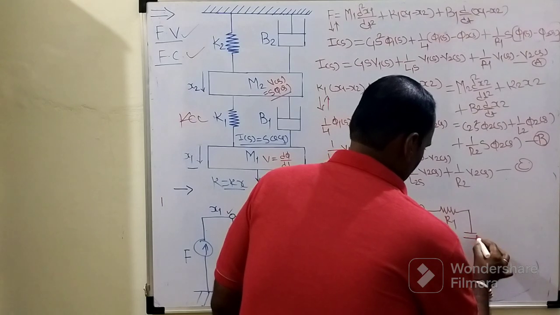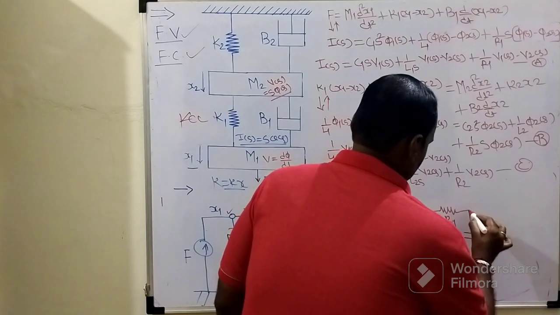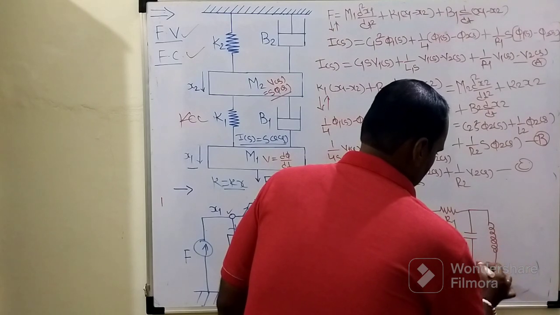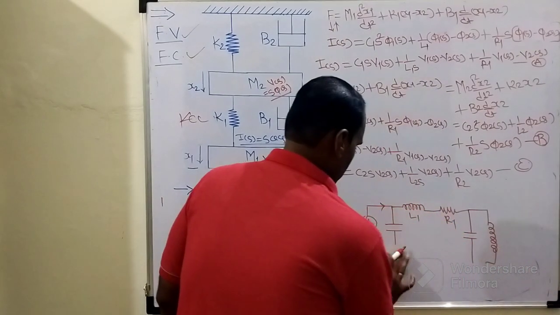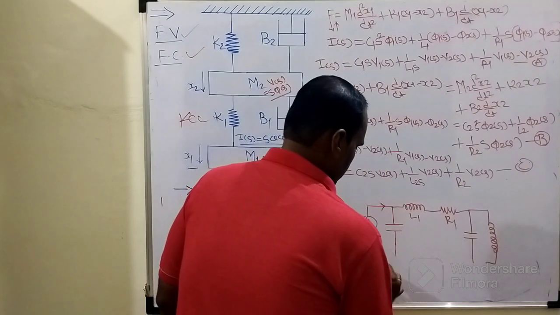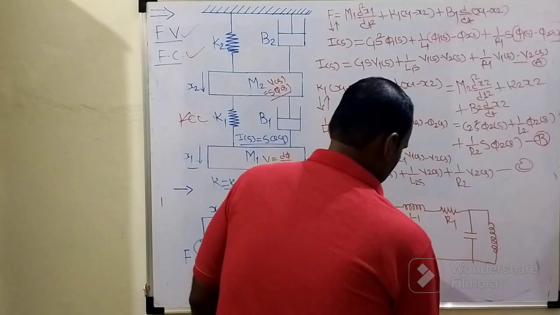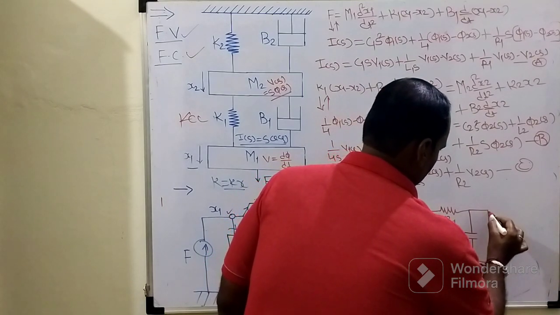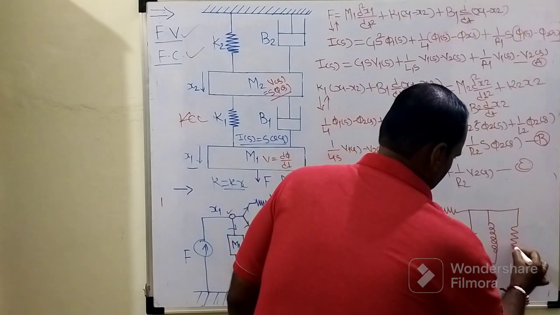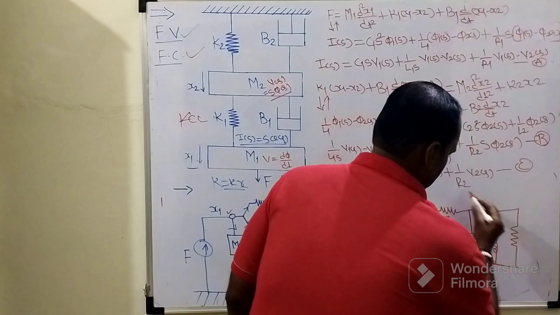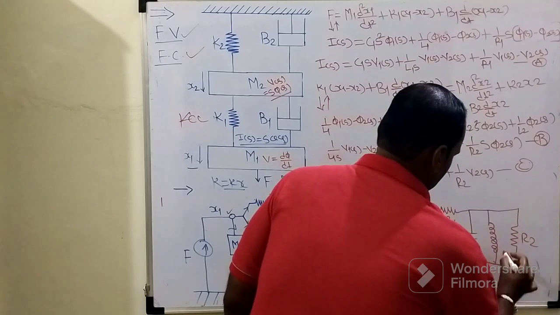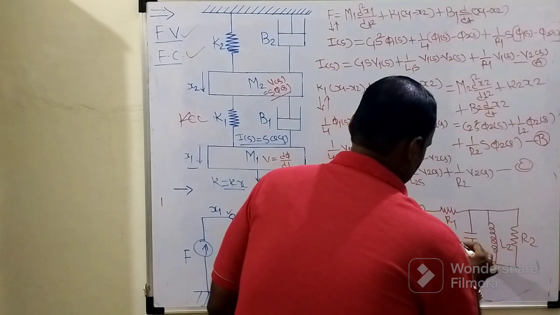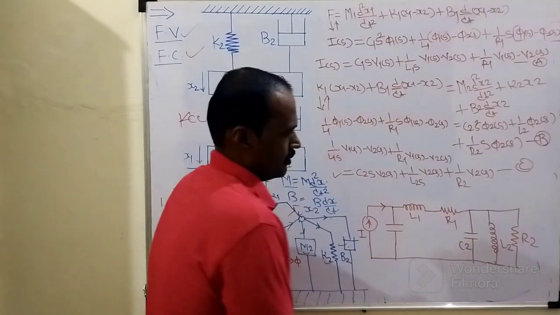This will be C2, this will be 1 over L, and I will complete this circuitry like this. The third element is the conductance 1 over R, which is R2. This is L2, and this will be C2.